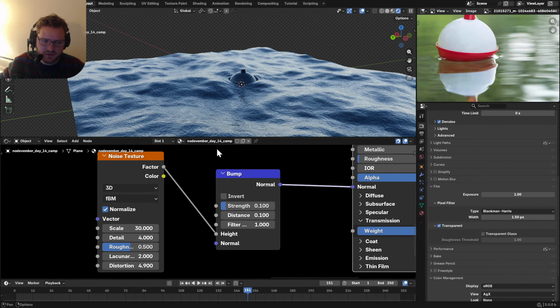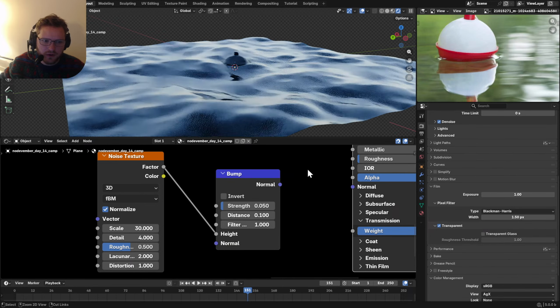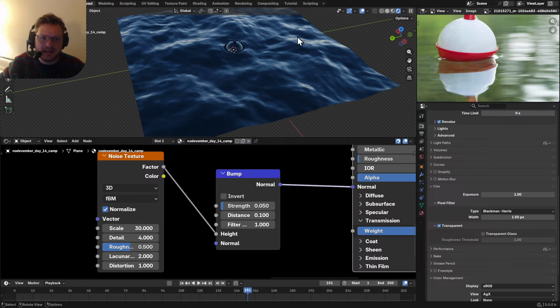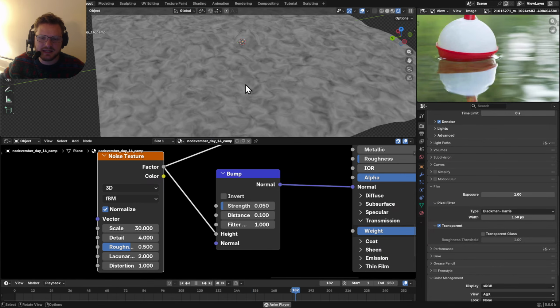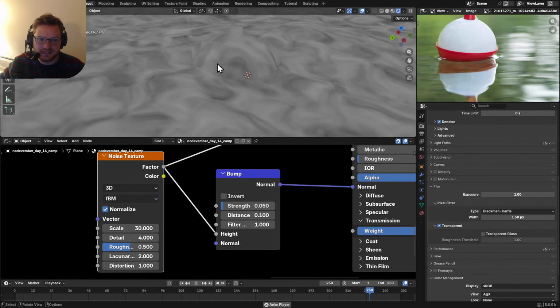You can see there's already much more going on with the water. Something like that. Okay? So before, after. Again, you just want to figure out what that is. Now, the issue with this approach is as I play this, does the texture map on? Almost, except with this height.